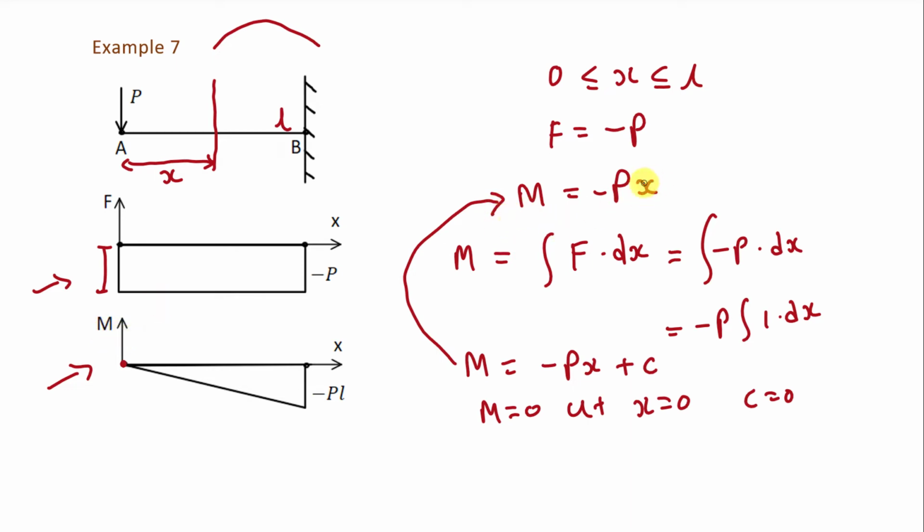Now if we put L instead of x, then bending moment M will be minus P into L. So at the distance L, the value of bending moment is minus PL. So we get this point. This equation is the equation of a line, so we join these two points and we get the bending moment diagram like this. Clear?